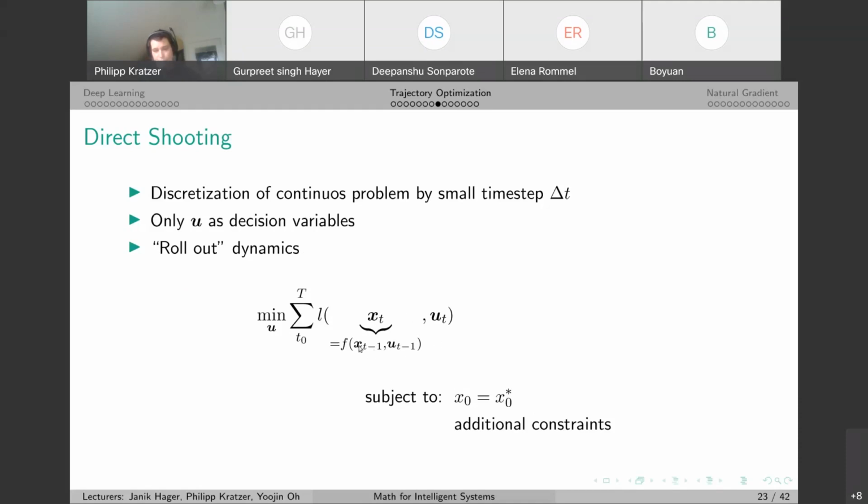We have nonlinear dynamics, where we have here a sum, and here we have this x_t, which is rolled out.